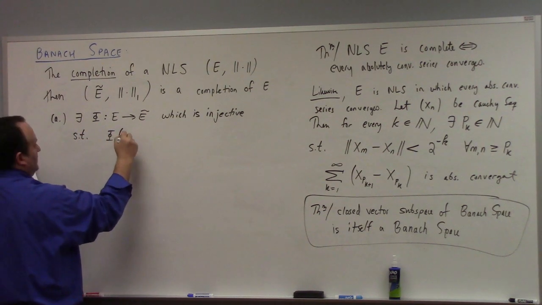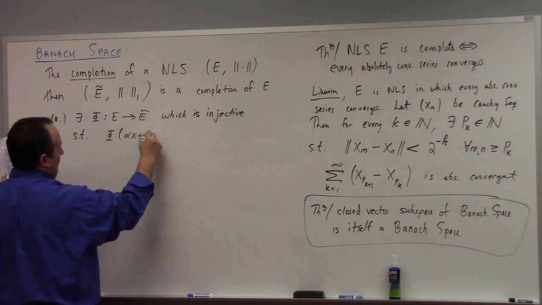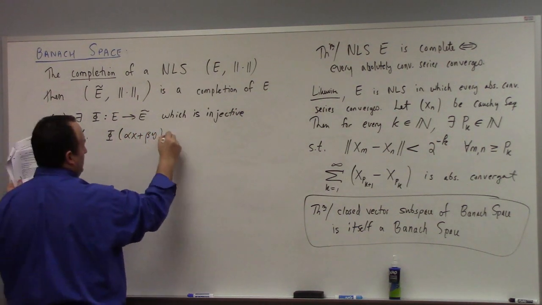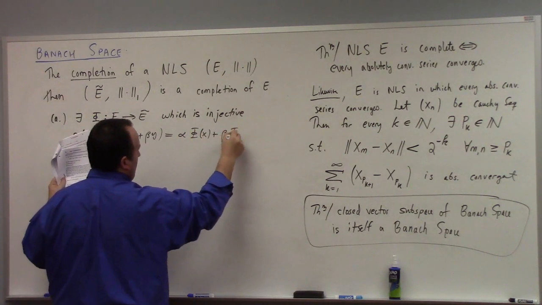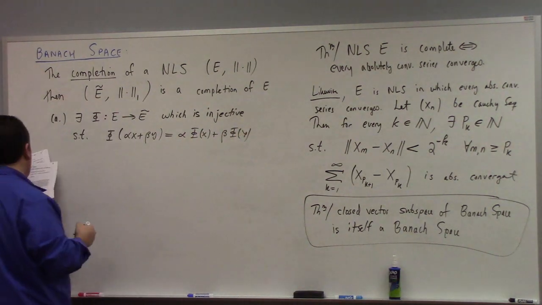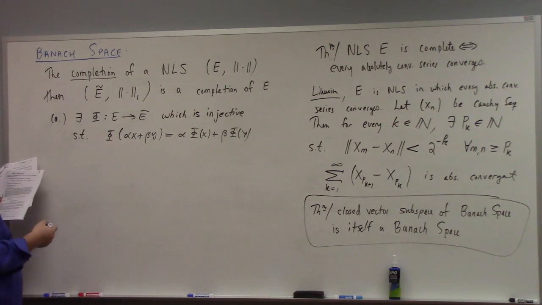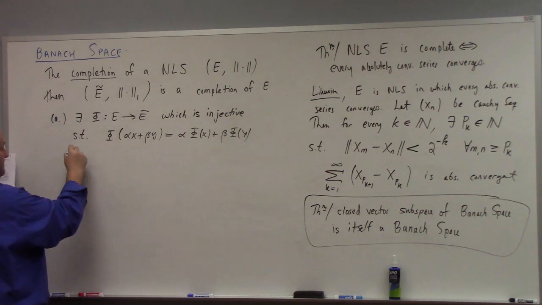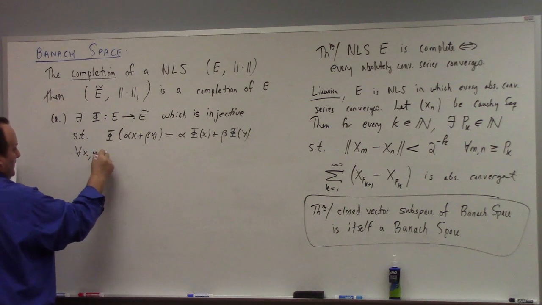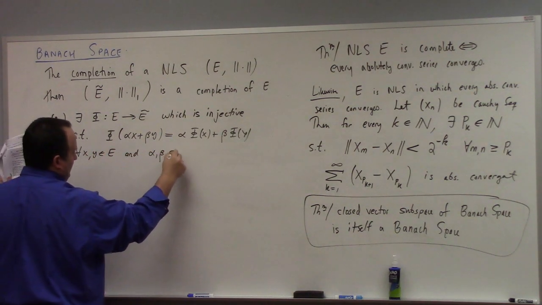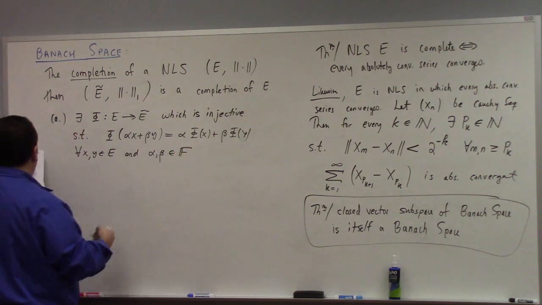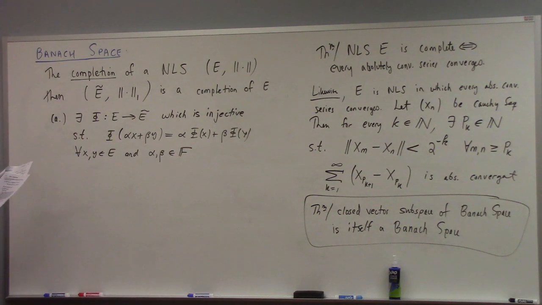Phi of alpha x plus beta y is equal to alpha phi of x plus beta phi of y, for all x and y in the vector space and alpha and beta in the field. This could be real, could be complex. I suppose it could be other fields too.